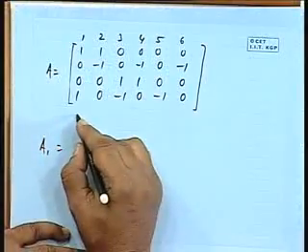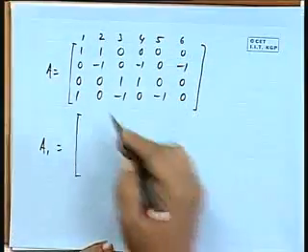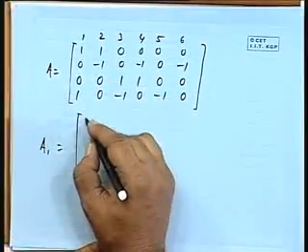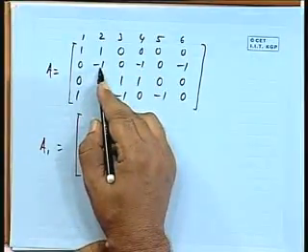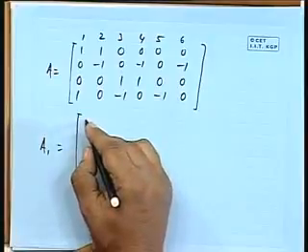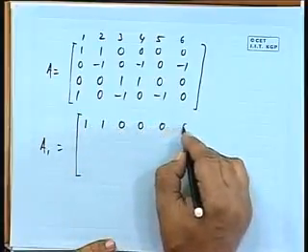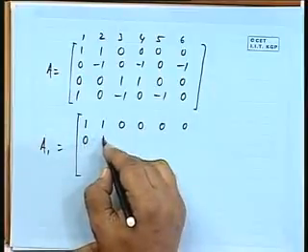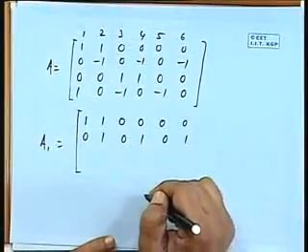So A1, what could be a possible transformation of this? I can keep 1 there and then 2 here, second row, change the sign. Okay, so I'll get 1, 1, 0, 0, 0, 0, then 0, 1, 0, 1, 0, 1.